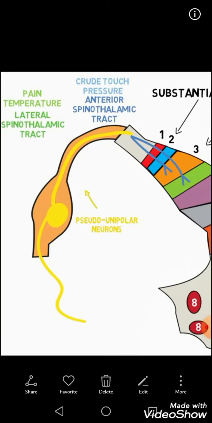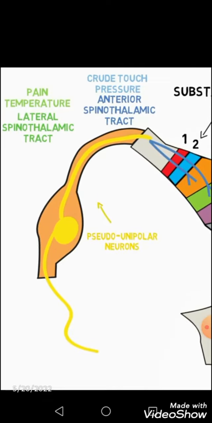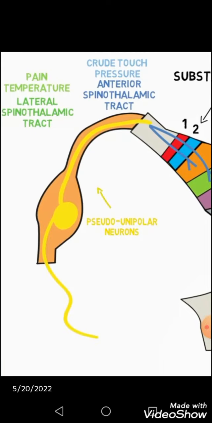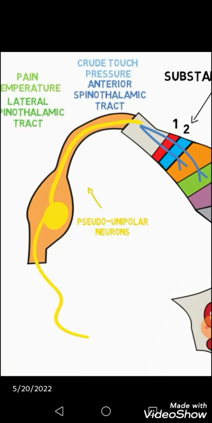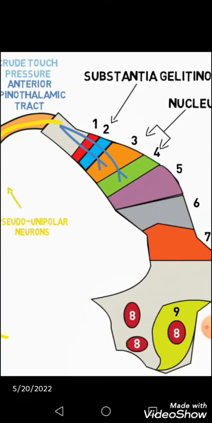Their central process is taking information towards the posterior gray column, and as you can see, the lateral spinothalamic tract is taking pain and temperature sensation, and the anterior spinothalamic has to take the crude touch or light touch and pressure sensation, right? And you can visualize that the lamination is 1, 2, 3, 4, 5, 6, and 7 accordingly, and so on.